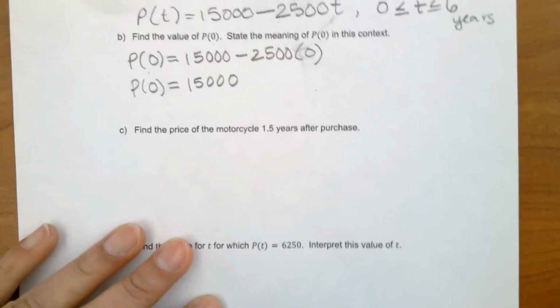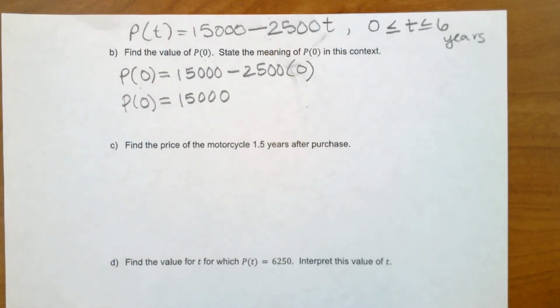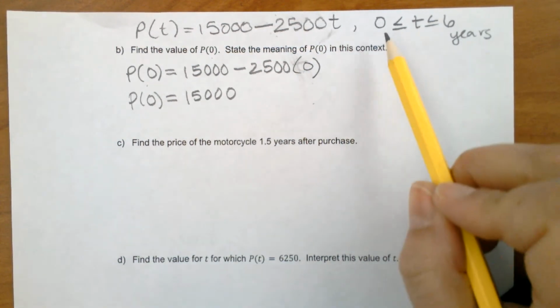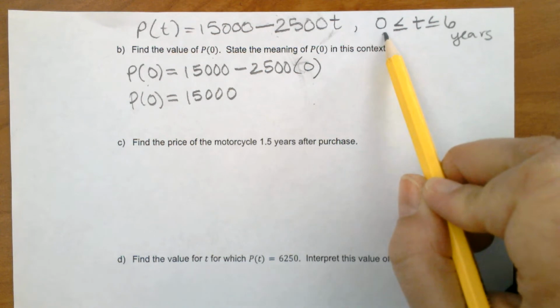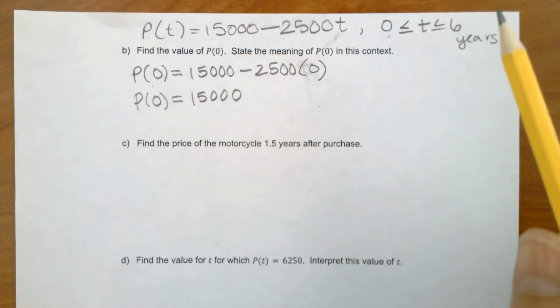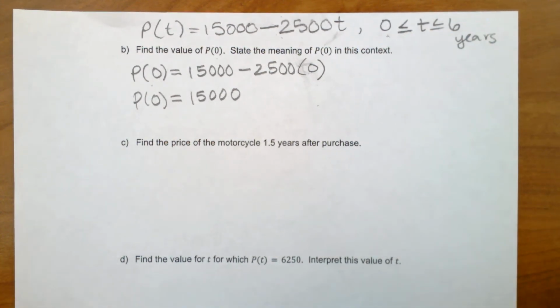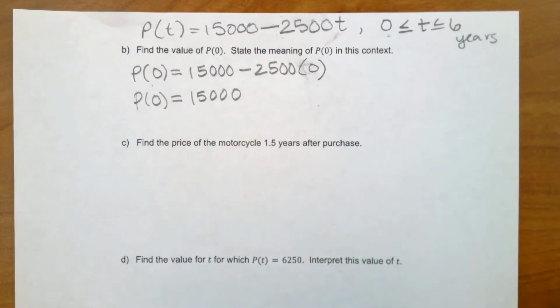All right, what does this mean? State the meaning in this context. First, 0 is the number of years after I purchase it. If it's 0 years after purchase, this must be the initial or start price of the motorcycle. This is what I bought it for.